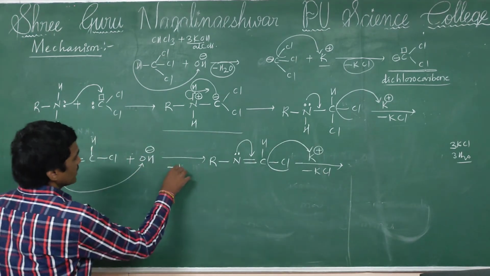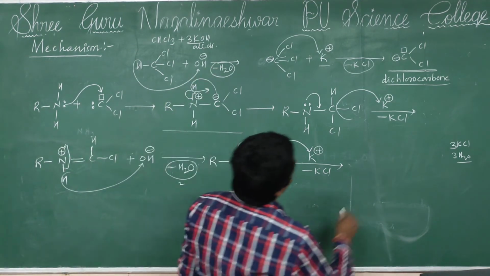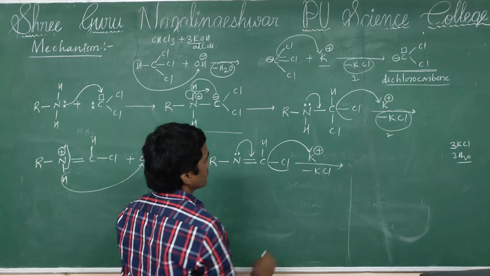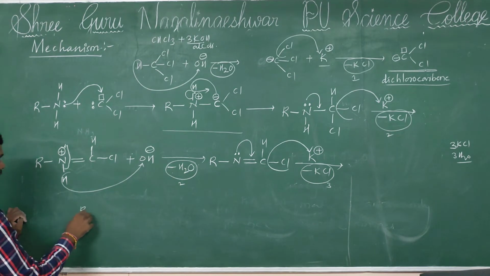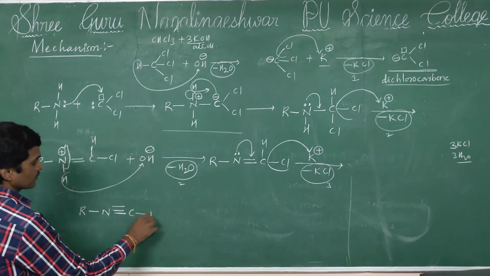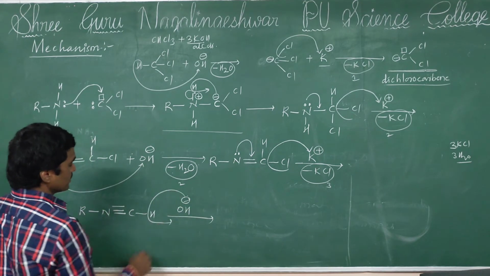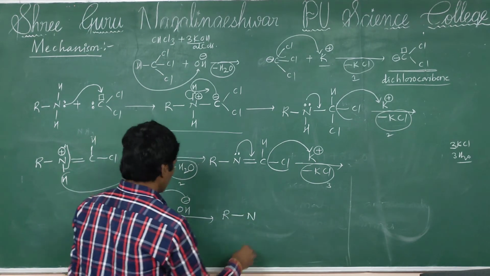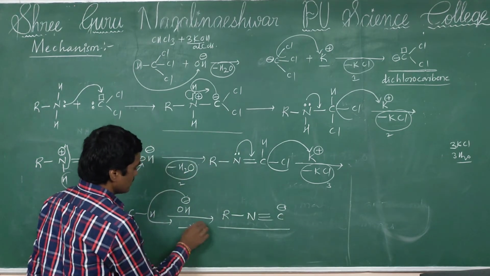So here also one water molecule is eliminated. This is the second water molecule, and this is the first KCl, this is the second, this is the third. The nucleophile again attacks the proton from here, and a water molecule is eliminated.